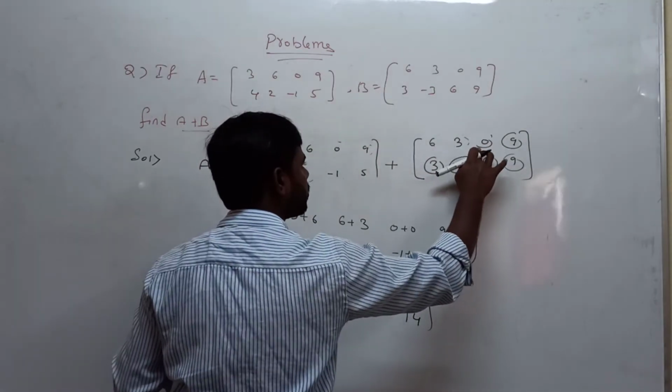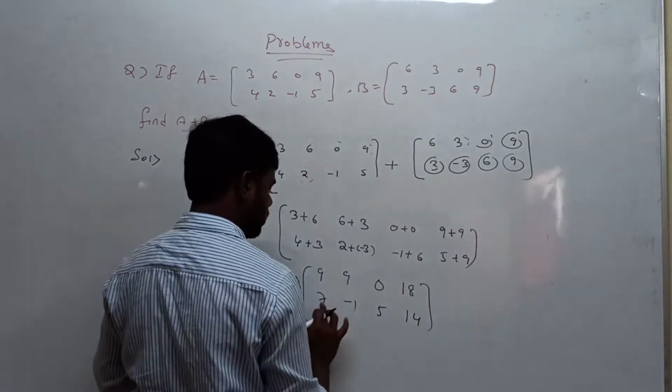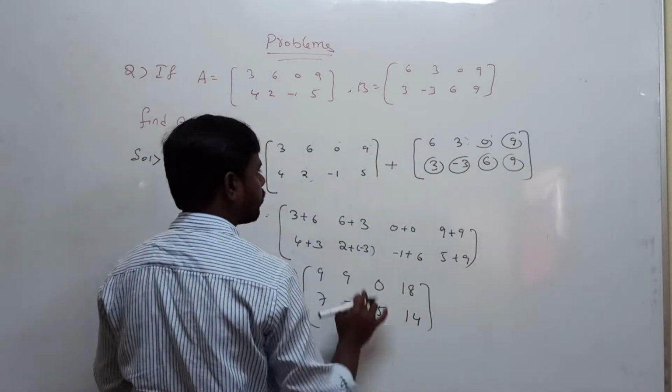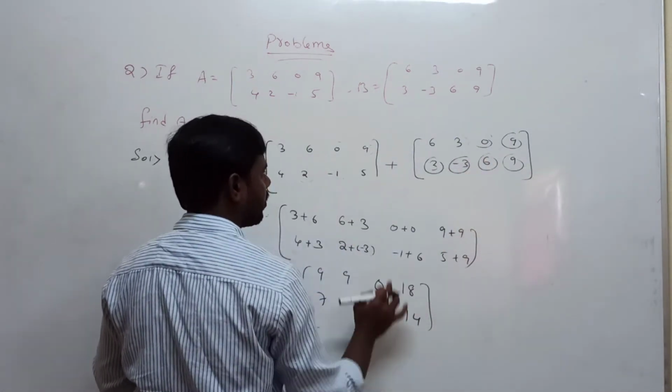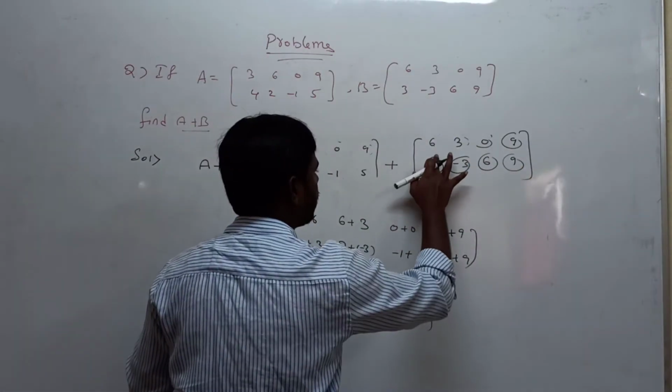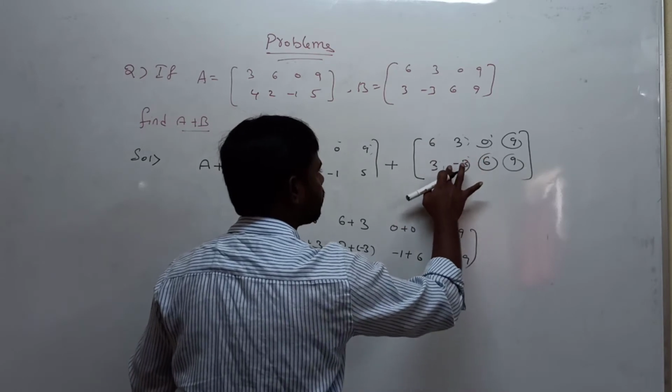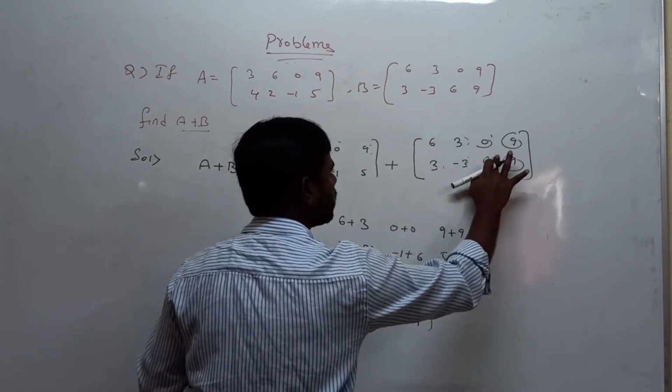Next, second row: 4 plus 3 is 7, 2 minus 3 is -1, -1 plus 6 is 5, 5 plus 9 is 14. That is how we add the corresponding elements of the two matrices A and B.